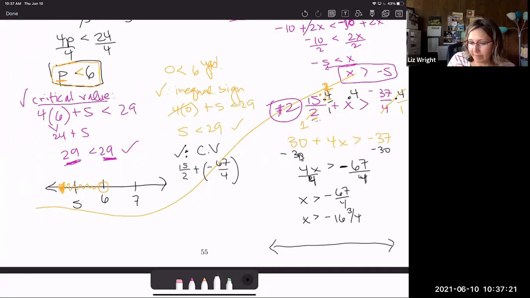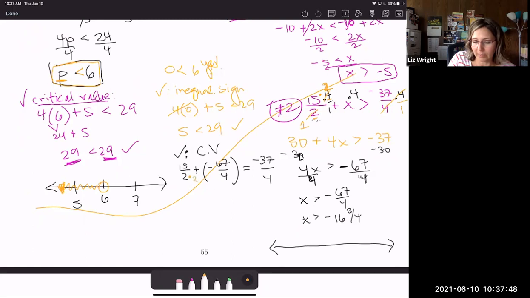Does that, in fact, give me negative 37/4? Actually, just so it's not confusing, when we are checking our critical value, let's put an equal sign there, negative 37/4. I think that'll make better sense.